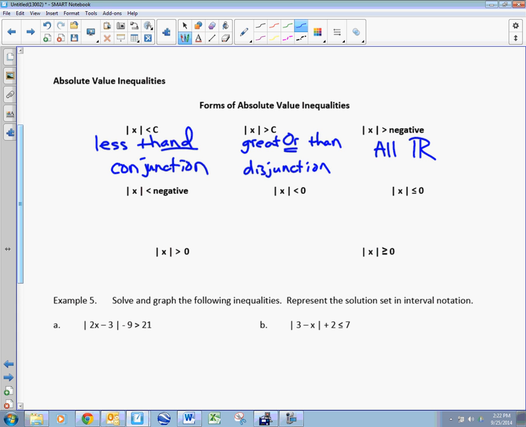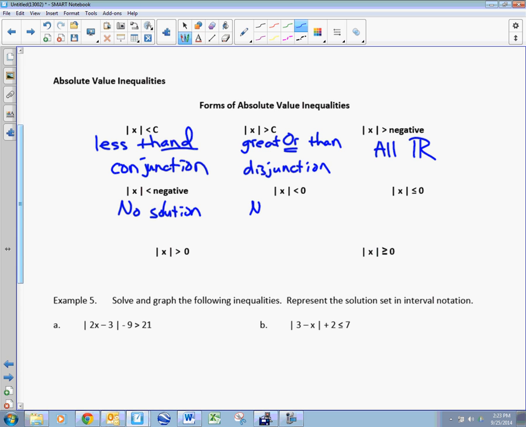Is it possible to come up with a positive number that's less than a negative? No. So if you get an absolute value less than a negative, that would be a no solution. Could never happen. What kind of numbers are less than 0? Negative. Is it possible for an absolute value to be less than 0?